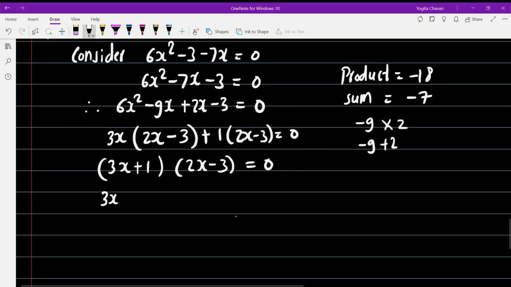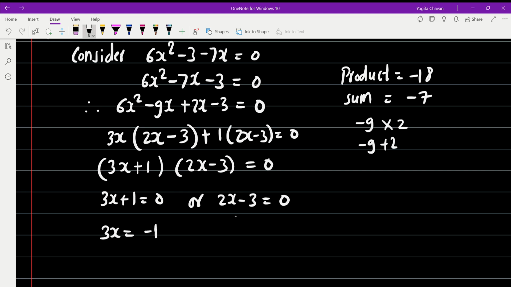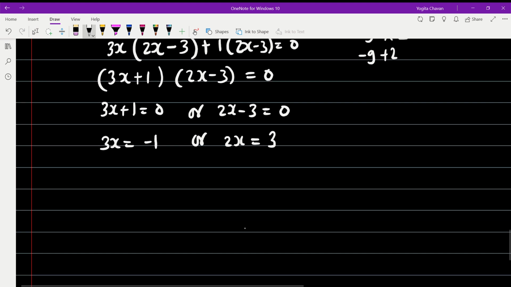So 3x plus 1 is equal to 0 or 2x minus 3 is equal to 0. So 3x is equal to minus 1 or 2x is equal to 3. So x is equal to minus 1 by 3 or x is equal to 3 by 2. Okay.